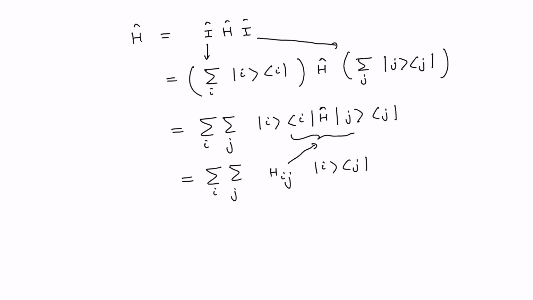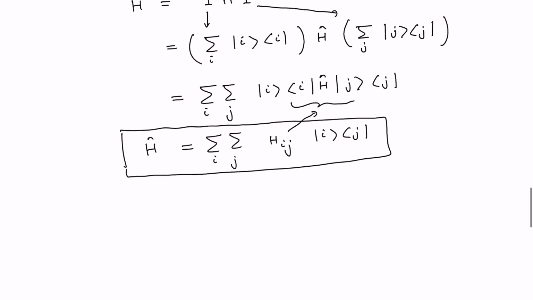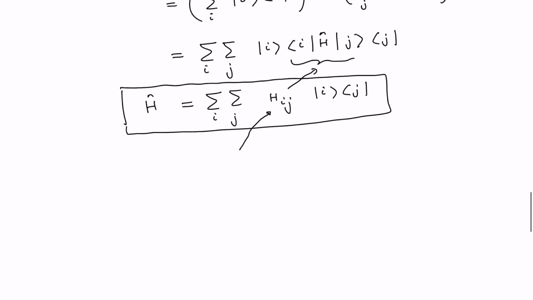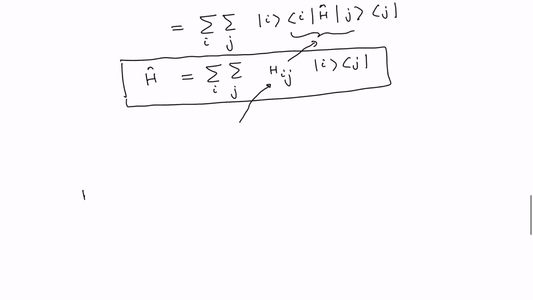So this is actually the matrix representation of the Hamiltonian operator. When we talk about the matrix representation of any operator, we basically understand that we are talking about various matrix elements. For example, in our case, when we discussed the two-level atom, the Hamiltonian, as per the language I just discussed, has elements of this form.